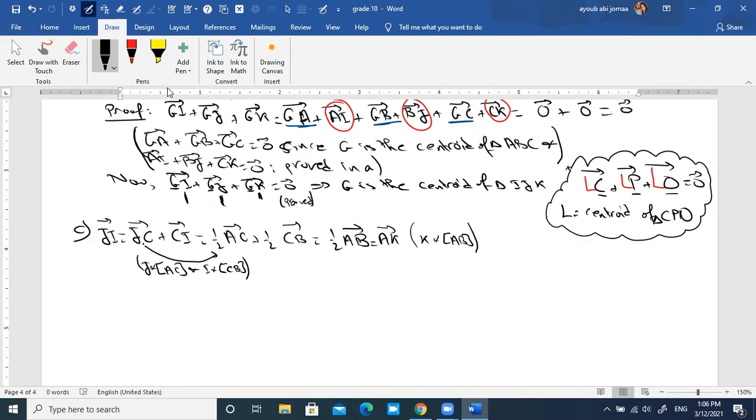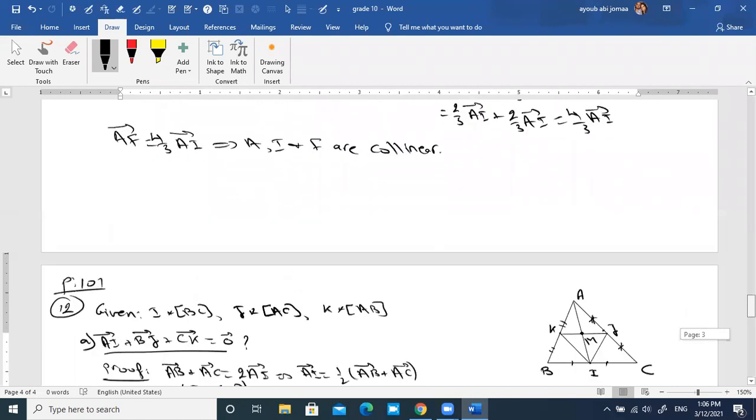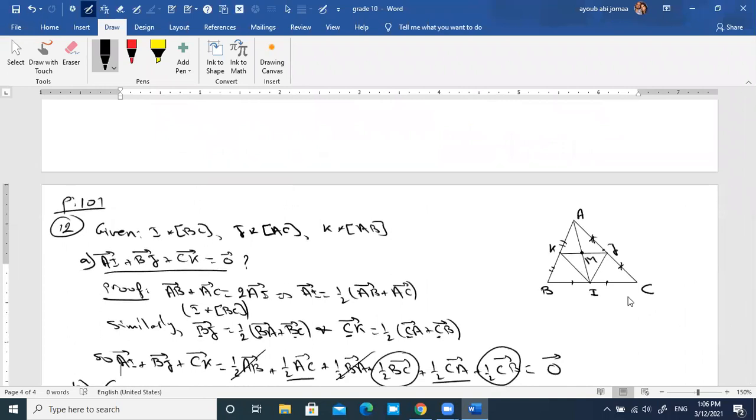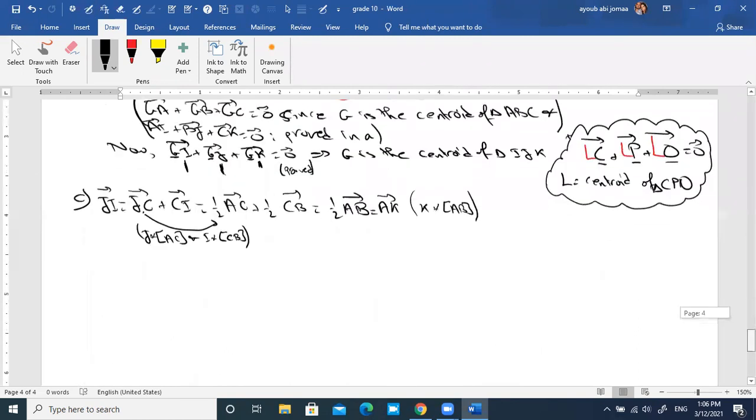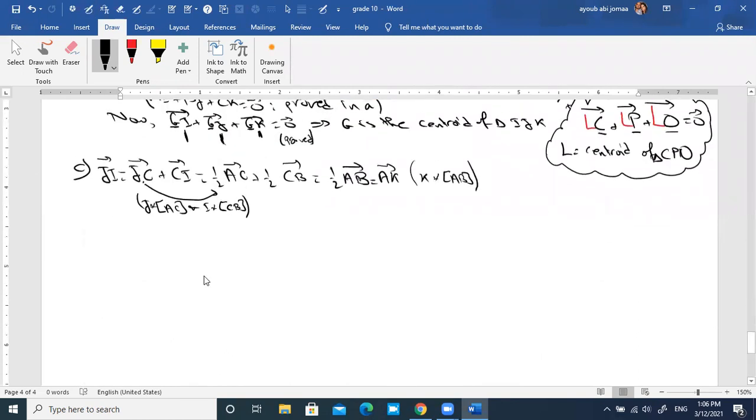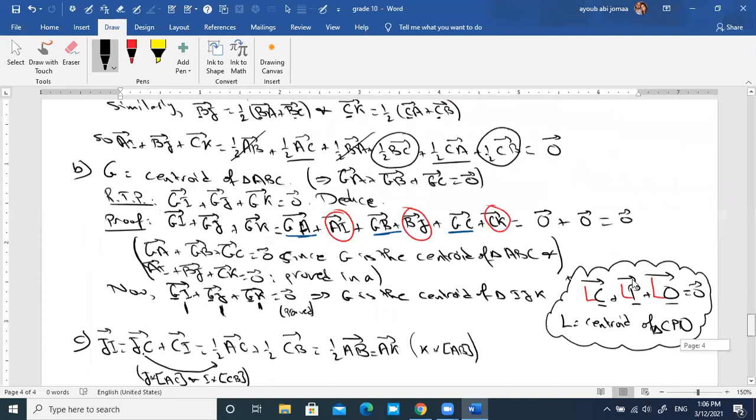Now, JI is equal to AK. Then JIKA is a parallelogram.